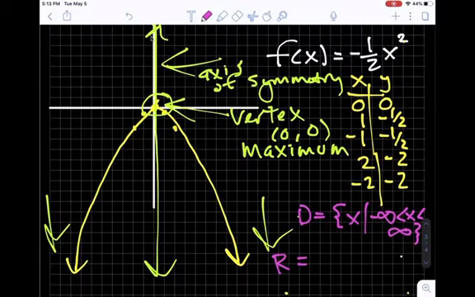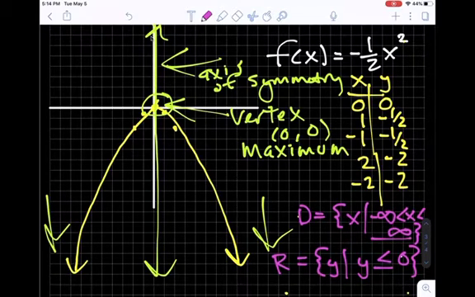It never gets above 0. So you would say that y is less than or equal to 0. You could also write it as being bound by 0 and negative infinity, the way we bound x up here.